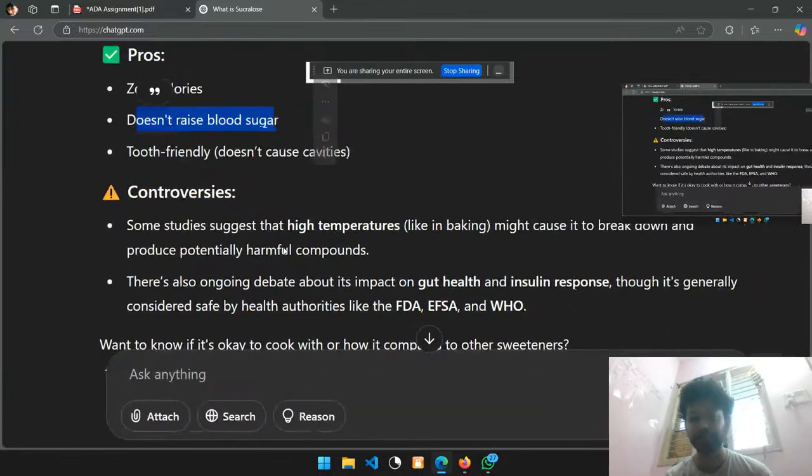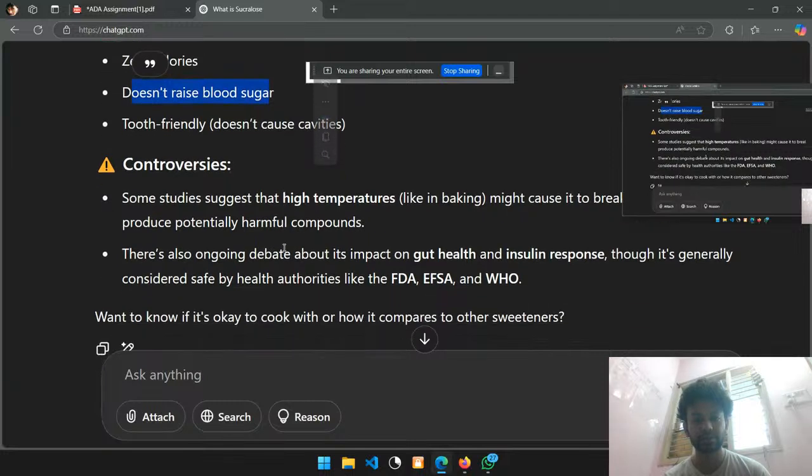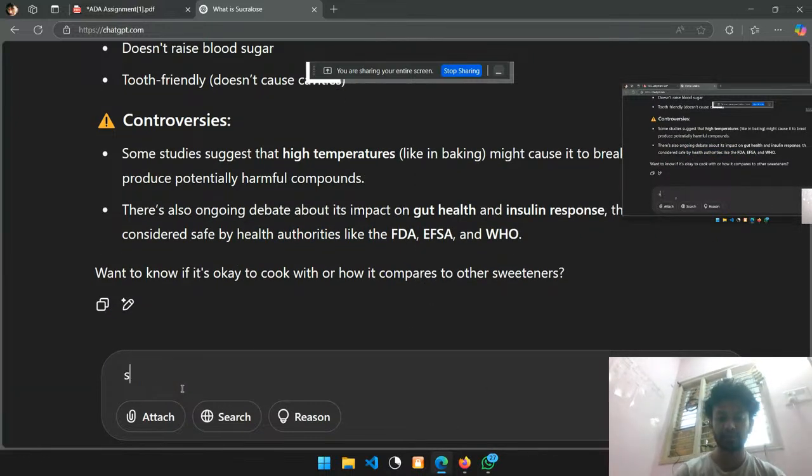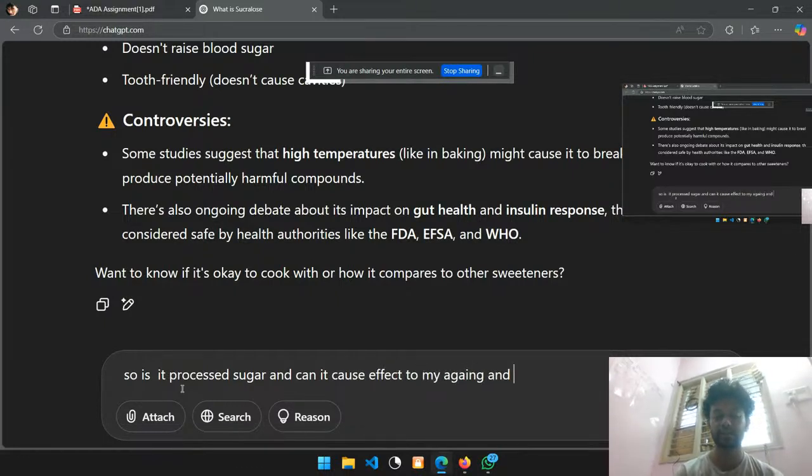Sometimes studies suggest high temperature. There is no debate about the impact on health; insulin response is generally considered safe by health authorities. So is it processed sugar, and can it affect my aging and organ health?